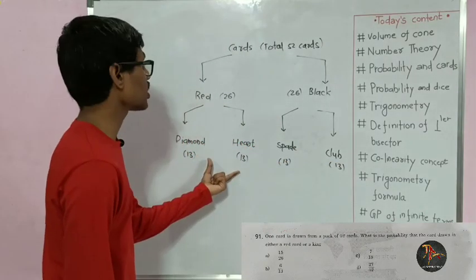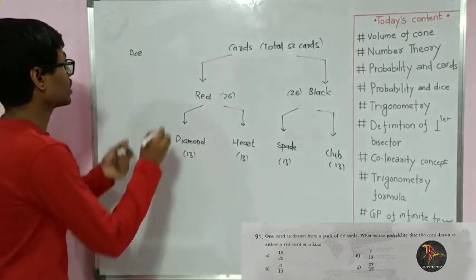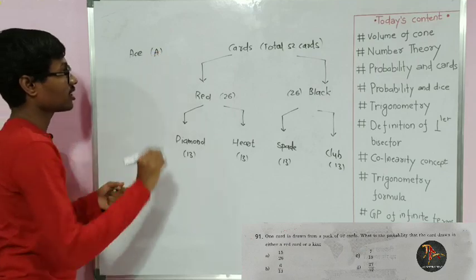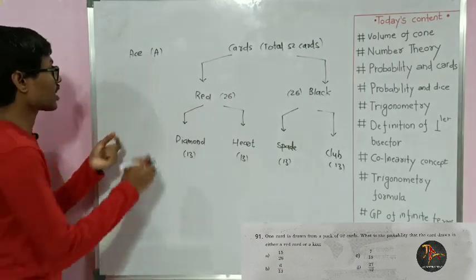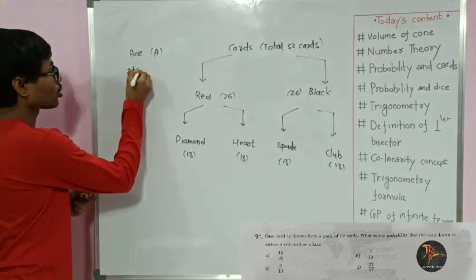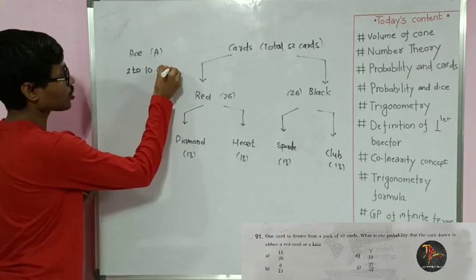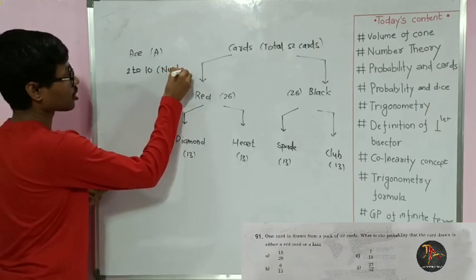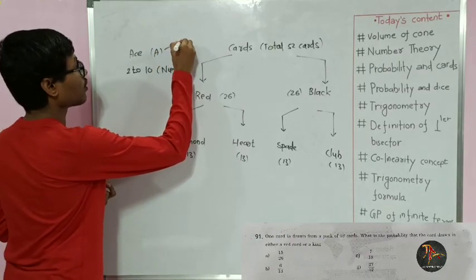Now, in these 13 cards, the first card is named the ace card and it is denoted by A. Next cards are 2 to 10. These are number cards. There are 9 number cards, 2 to 10, plus one ace card.